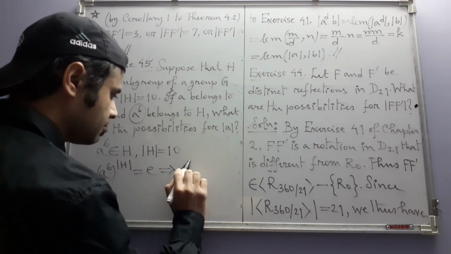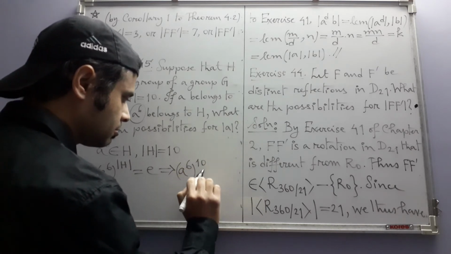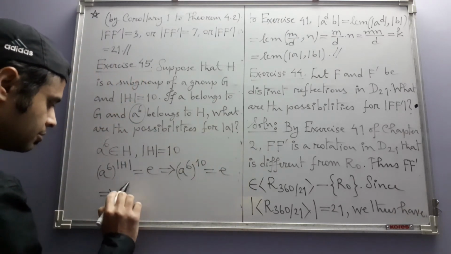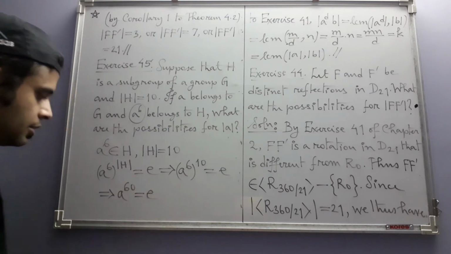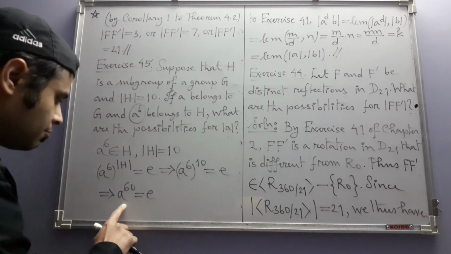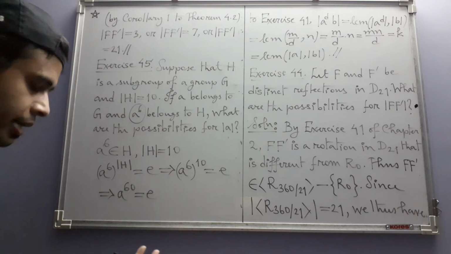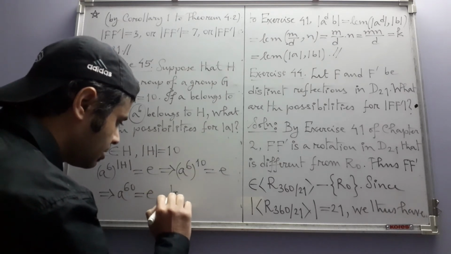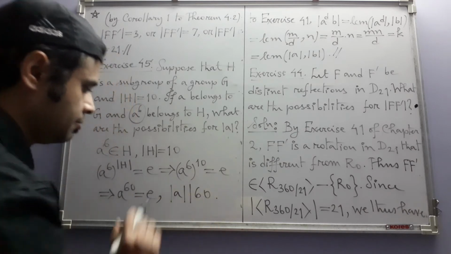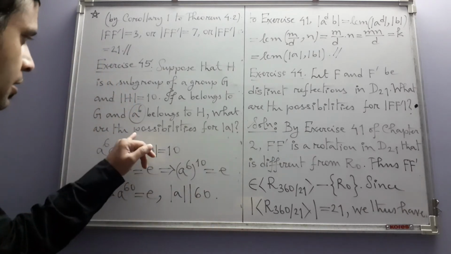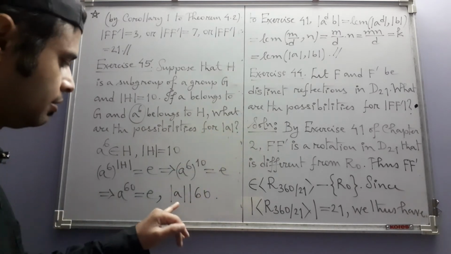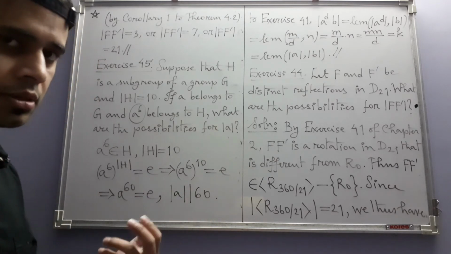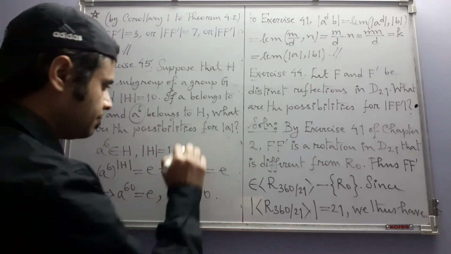So that means this should be true, and then use the rules of exponent to have this equation. Now from this equation you can then say, from the results that we truly know, that the order of A should divide 60. That is, the possibilities for the order of A are some positive divisor of 60.